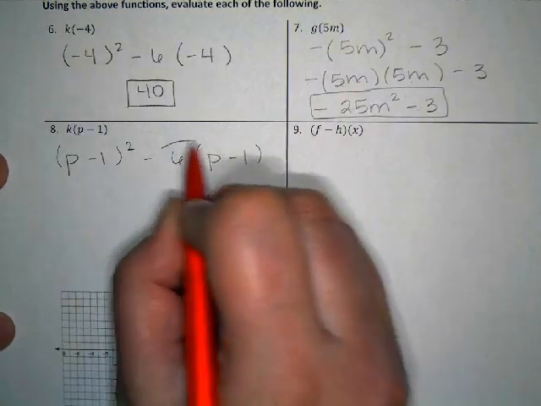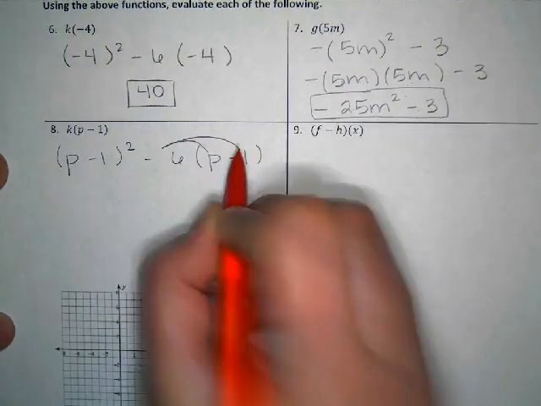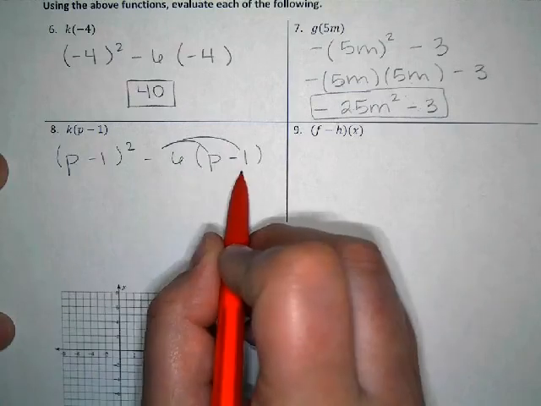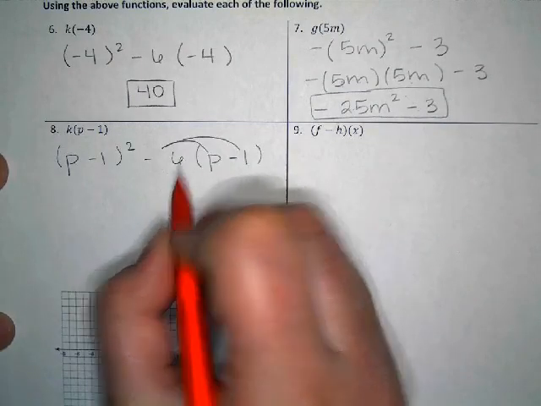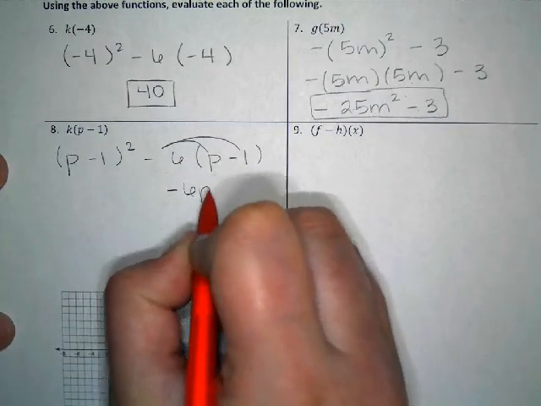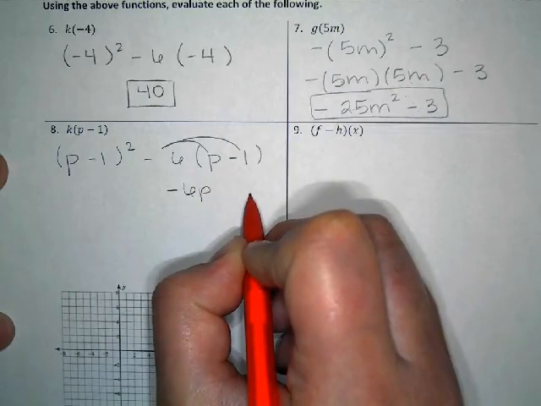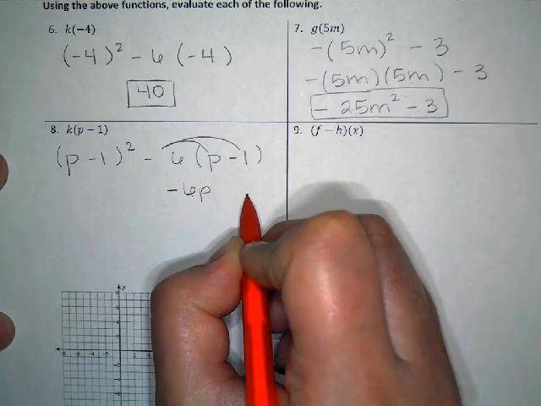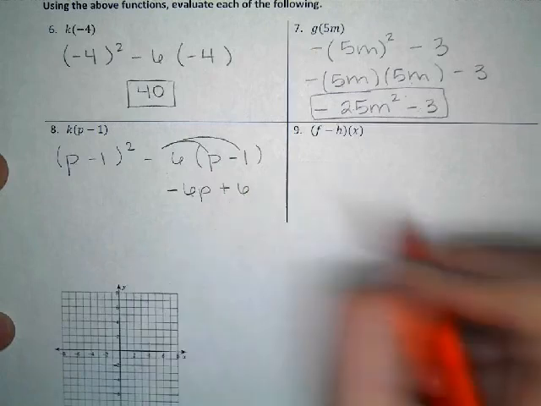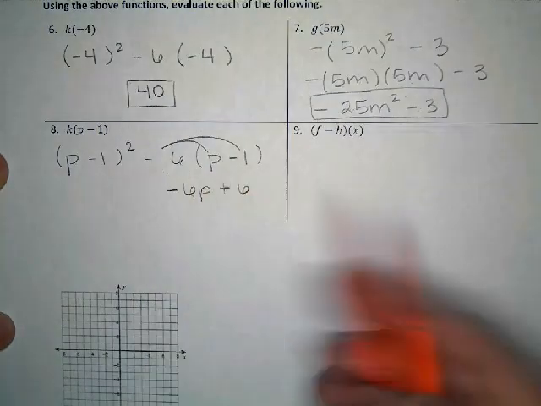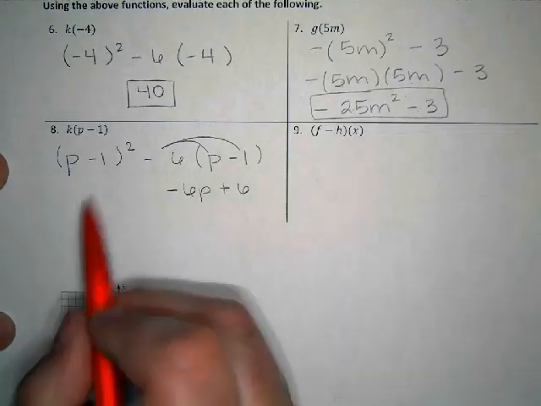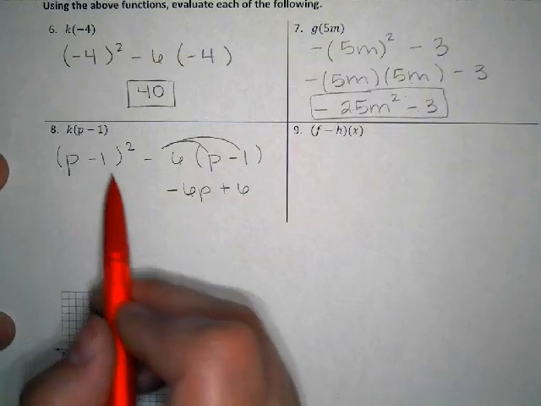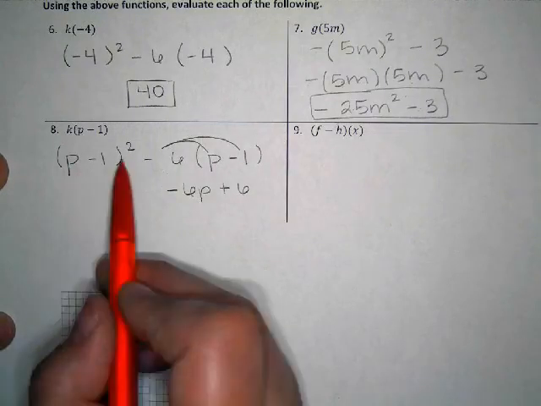So negative 6 times p, negative 6 times negative 1, what does that give us? Okay. Positive 6, right? Because you distributed it? That was a typo. We got it. You're good.